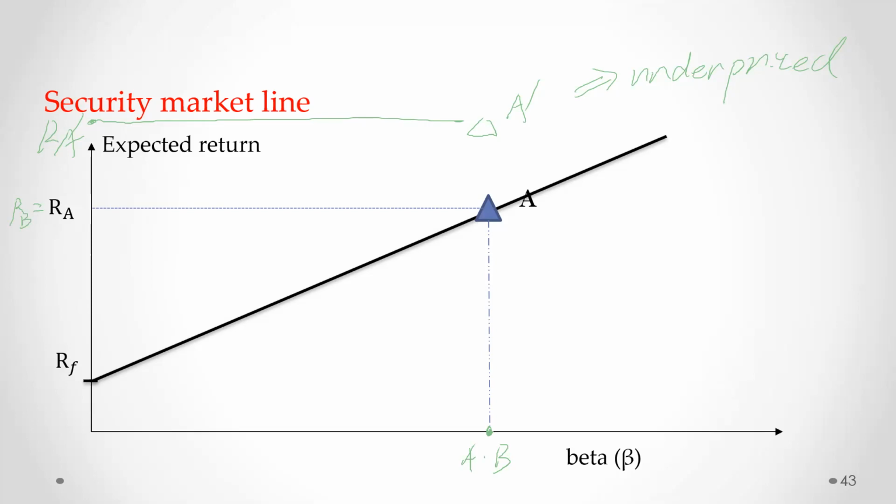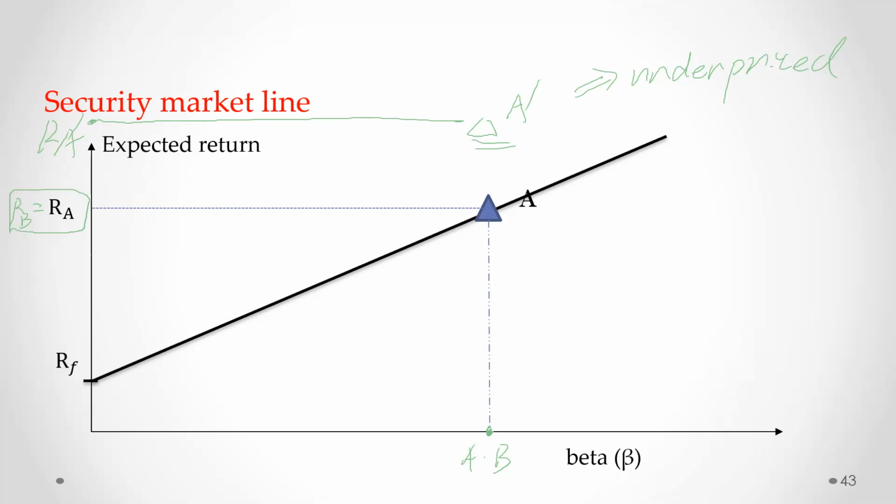On the other hand, if A can provide a higher expected return, while B can only offer an expected return equal to RA, this means that even though A and B have the same level of risk in the current market price, A can provide a higher expected return.